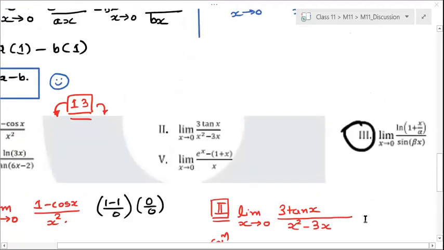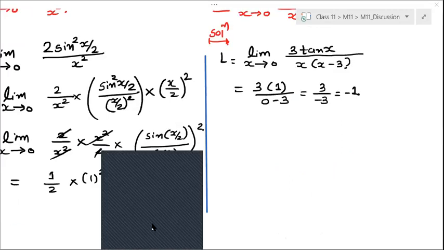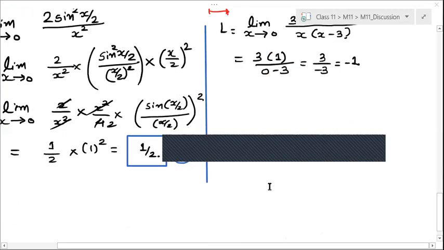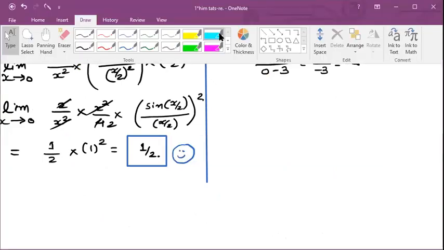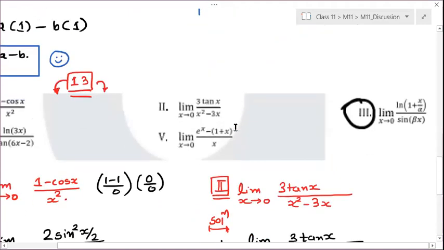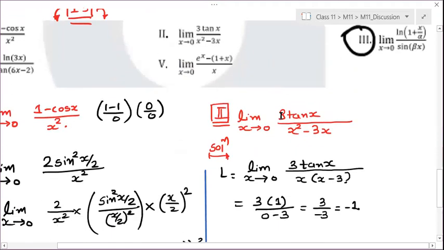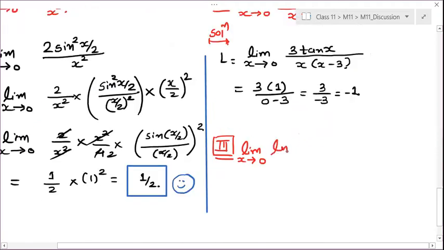Question number 3. Limit x tends to 0, ln 1 plus x by alpha divided by sine beta x.